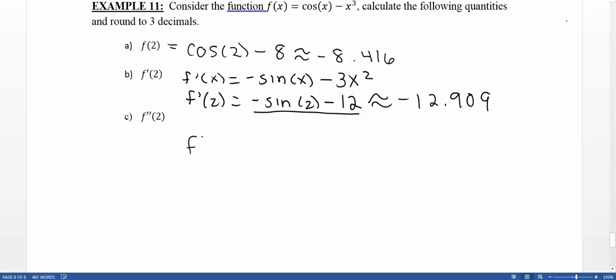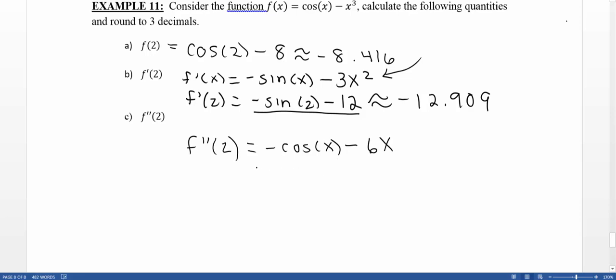And then for part C, we're looking for the second derivative at 2. So first we need to compute the second derivative. So we go back to the first derivative and we take the derivative of that. The derivative of negative sine is going to give me negative cosine because there's a negative 1 in front that's multiplying, minus the derivative of 3x squared, which is going to be 6x.